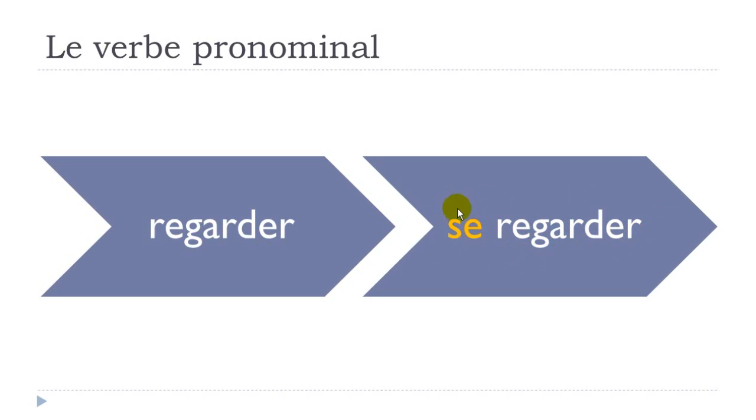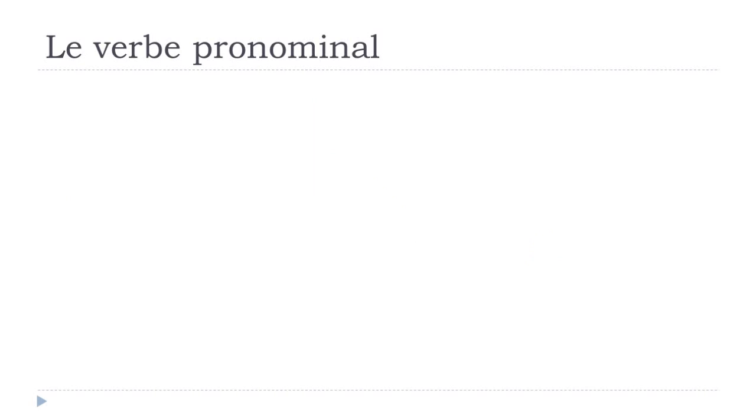Le verbe pronominal will be constructed all the time with this se before the verb. Se regarder. And this se will change the meaning of the verb, because regarder, to look, to watch, se regarder, to look at oneself.